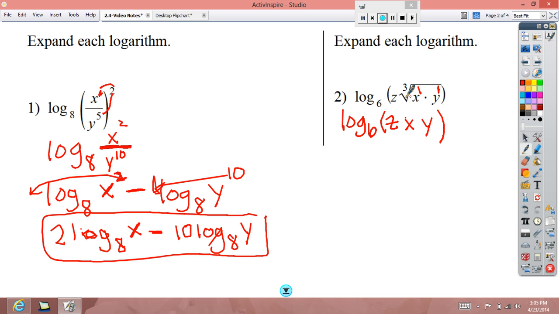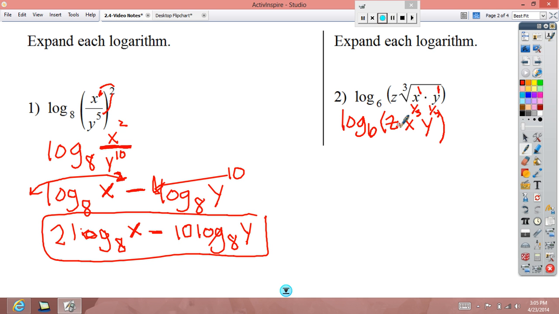But I don't want the root anymore. And so if you remember changing this root into rational exponents, this x becomes to the 1/3 power. And same thing for y. Okay, so I have z, because that wasn't under the root, x to the 1/3 and y to the 1/3, because this becomes the denominator and the exponent here becomes the numerator.